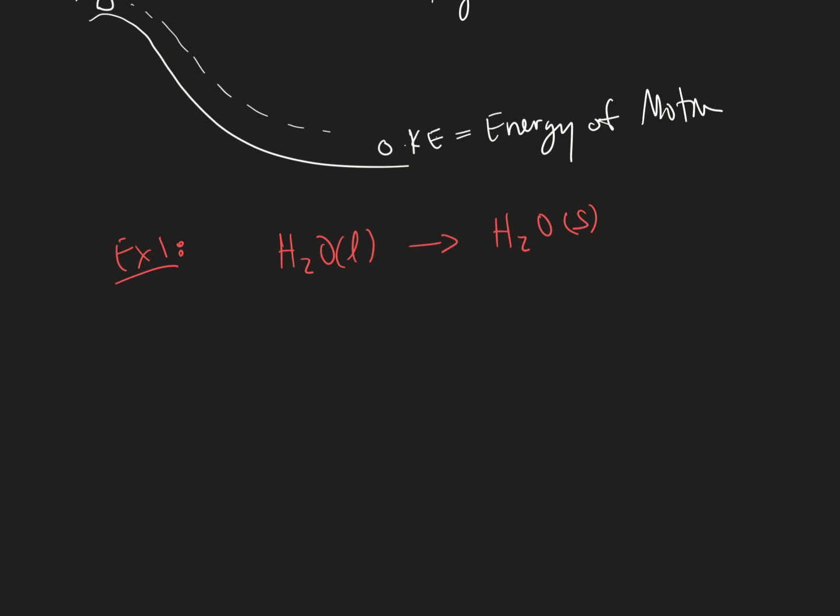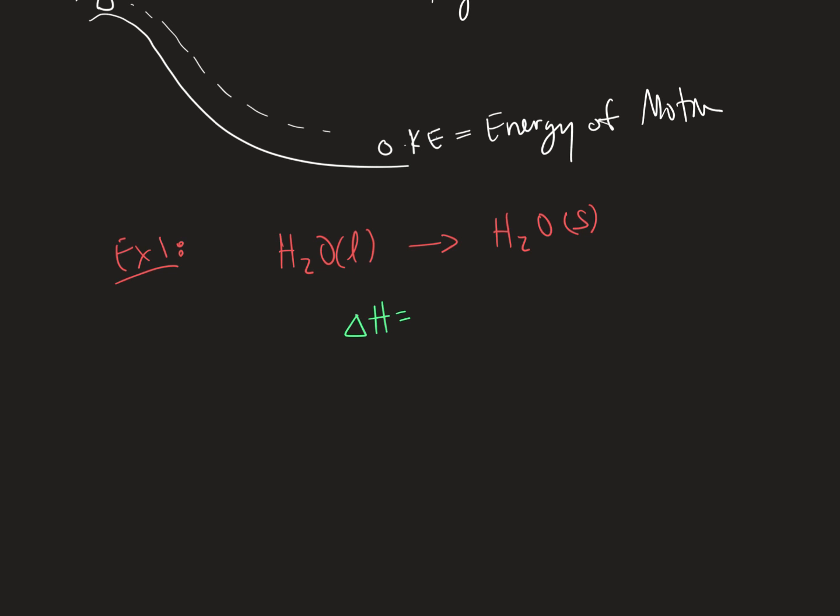So I'm hearing exothermic. Do we have to get rid of heat in order to get solid ice? Yeah. We have to lose that heat. Okay? So let me just put some numbers here to make it a little bit more clear. We're going to say delta H is equal to a positive or negative value.